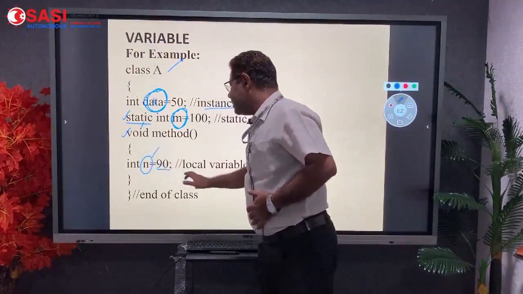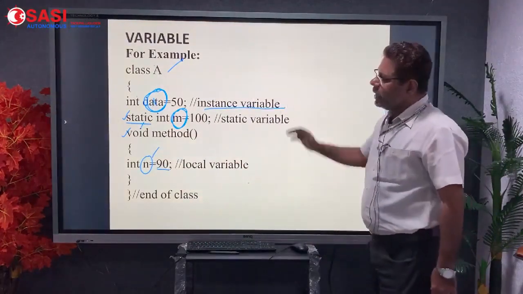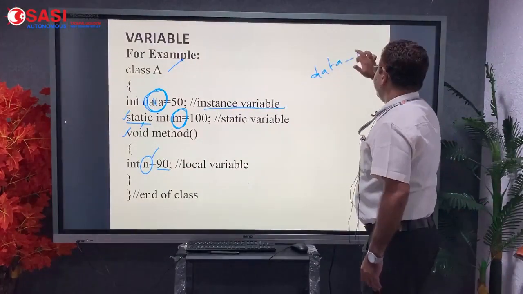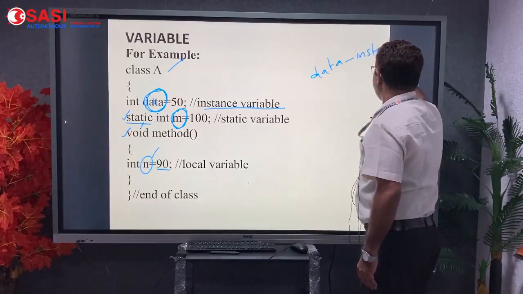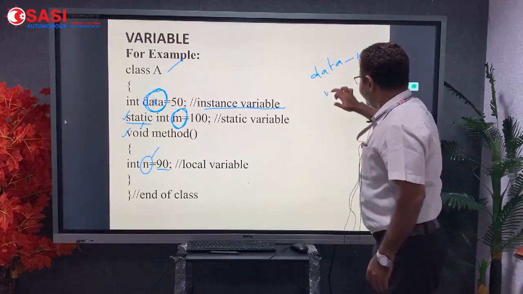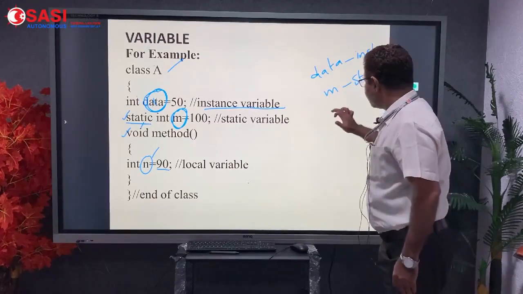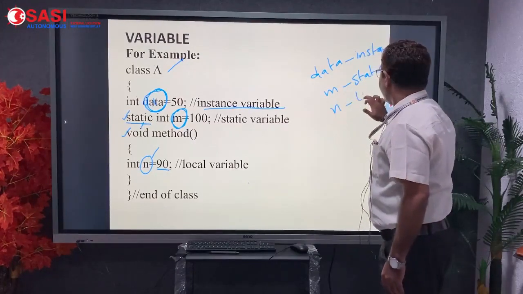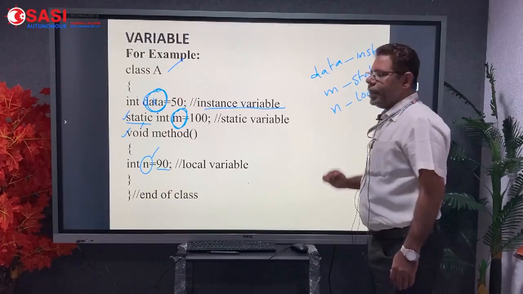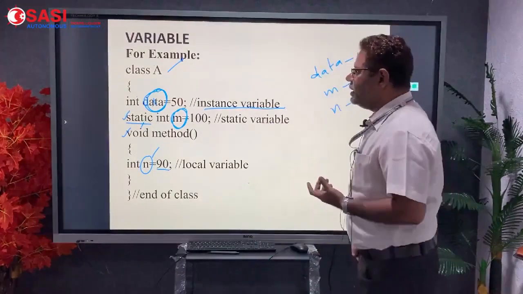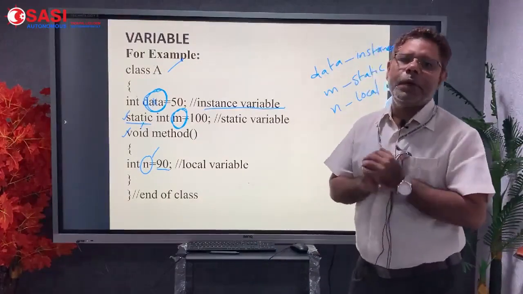So here n is a local variable. So in this example, data is the instance variable, m is the static variable, and n is the local variable. So this is the basic idea about variables.